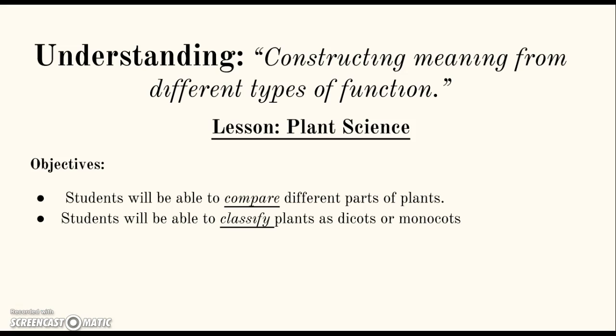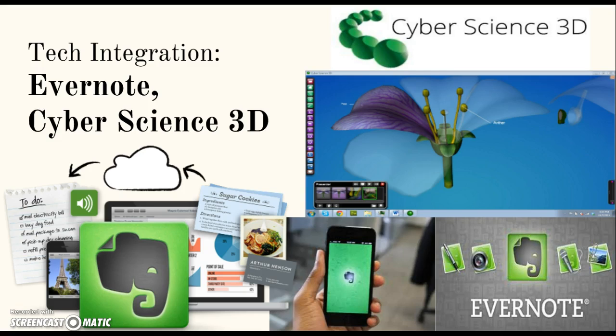And for this lesson, the tech integration would be Evernote, and for this, the students would be using their devices by interactively writing notes in order to build their understanding, and then also the Cyber Science 3D program. And you can see in this specific picture how the students can construct plants and see the different parts, and it's a more interactive way to help with their understanding.